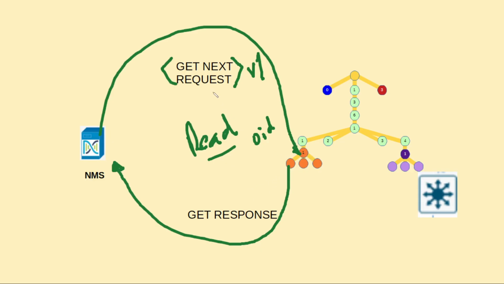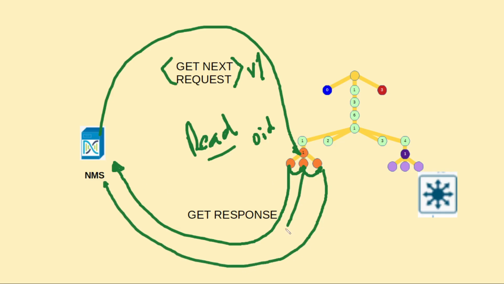The advantage of get next request is that with each next call, we are going to retrieve the next node within that part of the tree in such a way that we could use this operation in order to, for instance, discover how the tree is built.